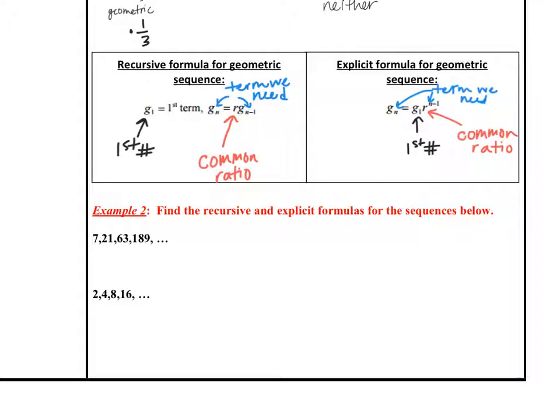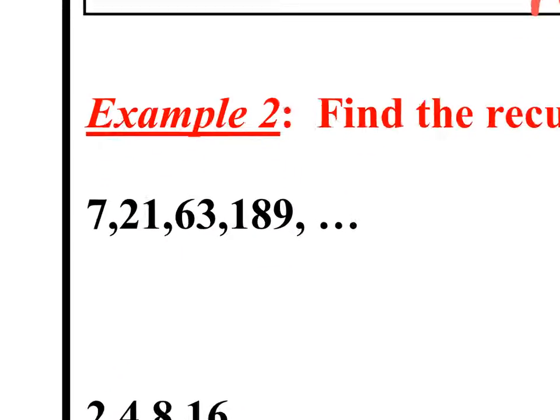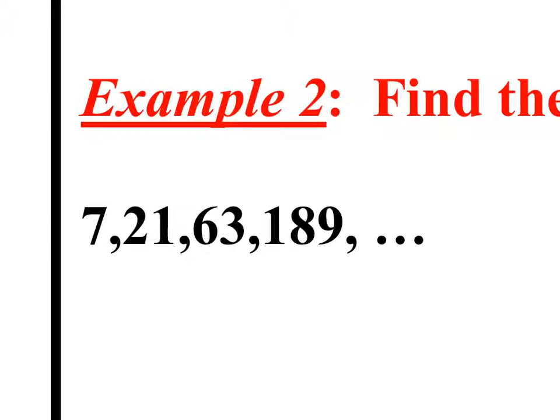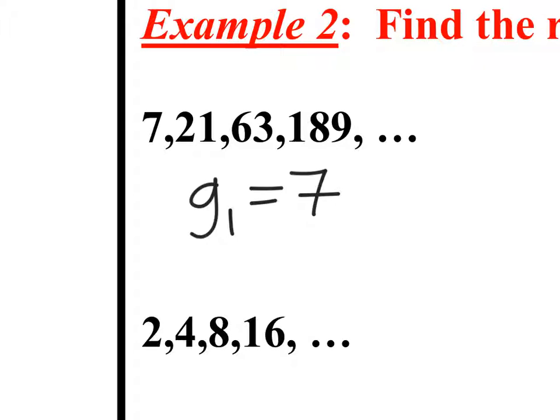So for this first one, I'm going to write G1, not A1, because that's arithmetic. We're on geometric now. G1 equals 7. And my common ratio is what, guys? 3, multiplying by 3. So R is equal to 3.